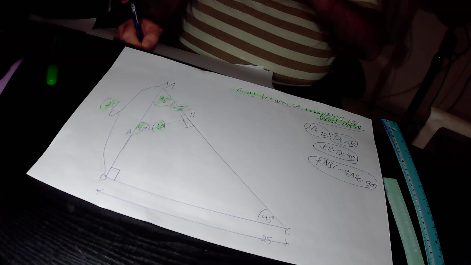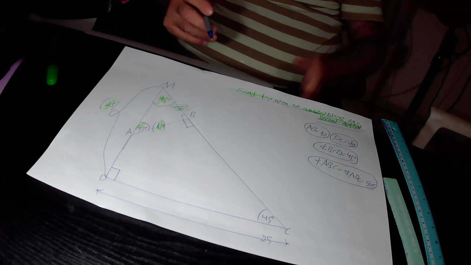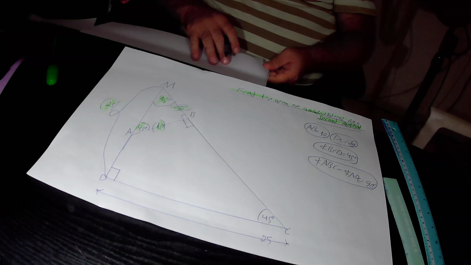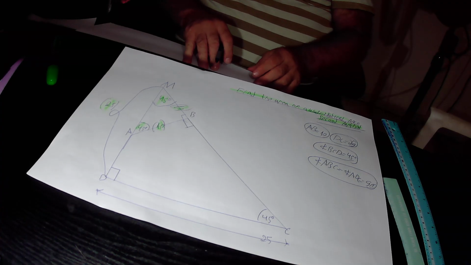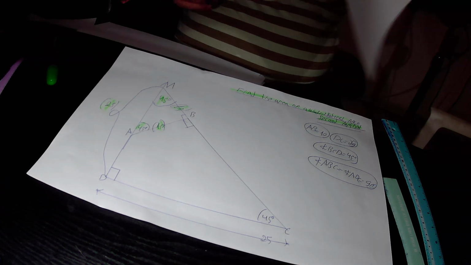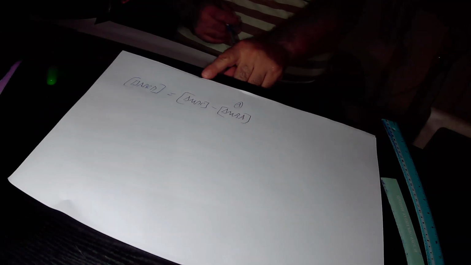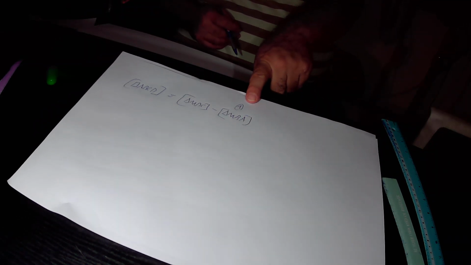And again, the area of this quadrilateral ABCD, that is the area that we are looking for in this question, is equal to the area of the big right triangle MDC minus the area of the small right triangle MBA.